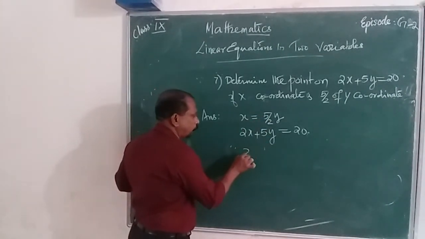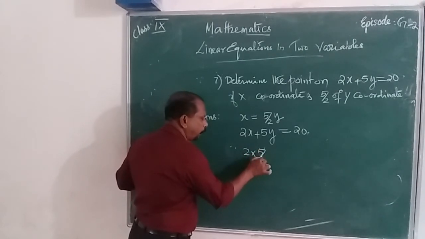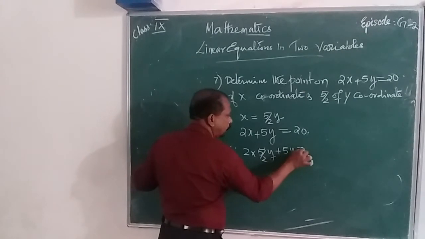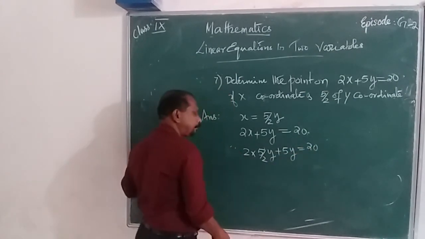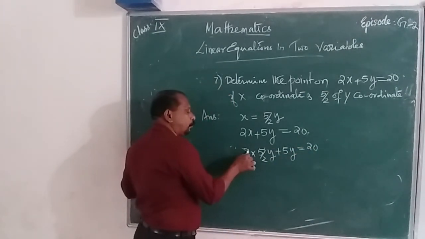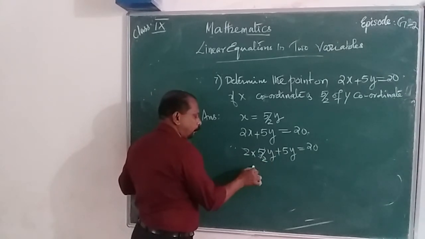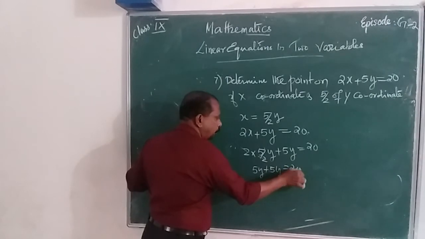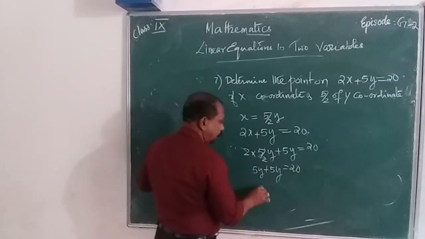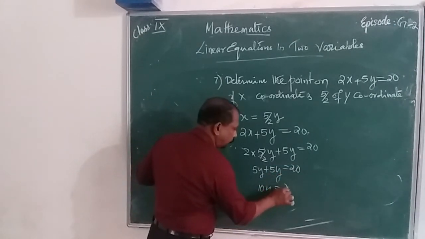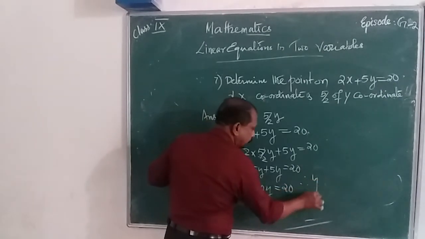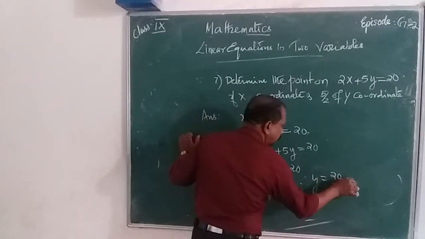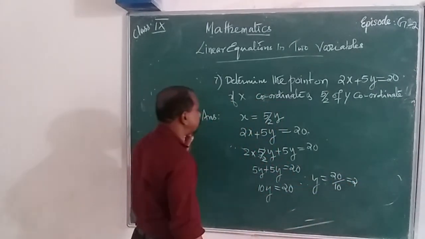Therefore, 2 into 5 by 2y plus 5y is equal to 20. Cancelling 2 and 2, 5y plus 5y is equal to 20. 5 plus 5 is 10. 10y is equal to 20. Therefore, y is equal to 20 by 10, which is 2.